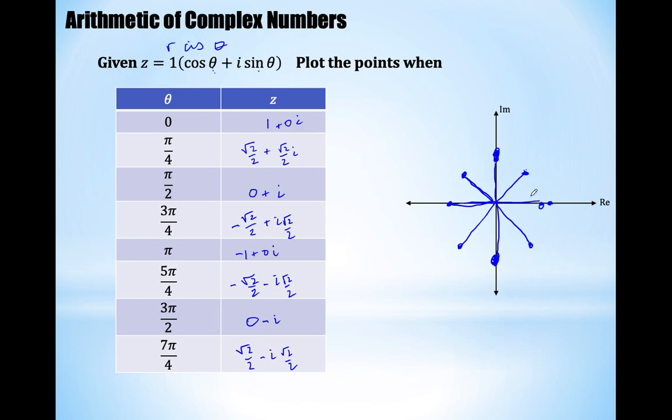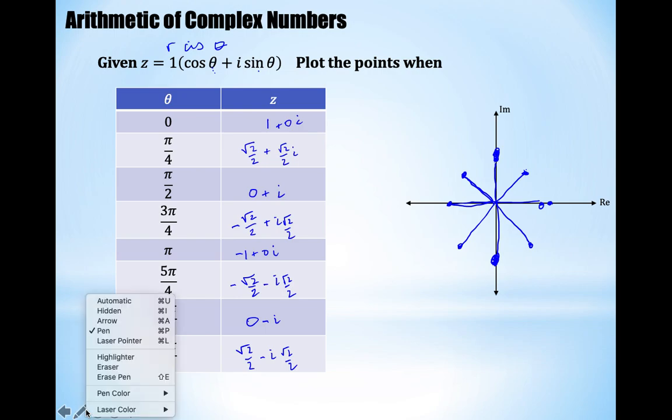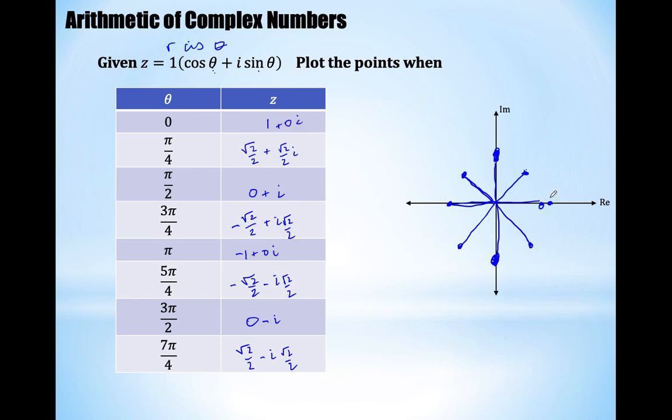The radius is always 1. And each one of these points is cosine, i sine. But again, the i just tells you to go up, doesn't it? Up or down, positive i or negative i.